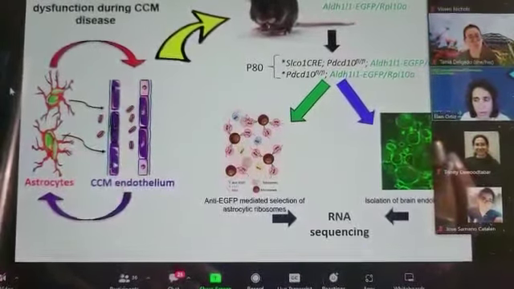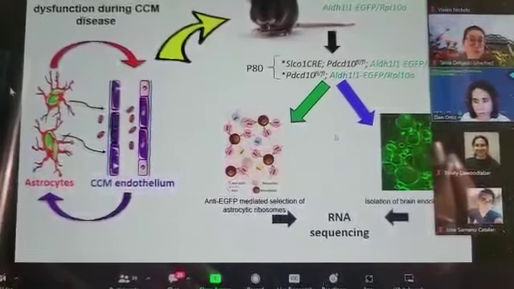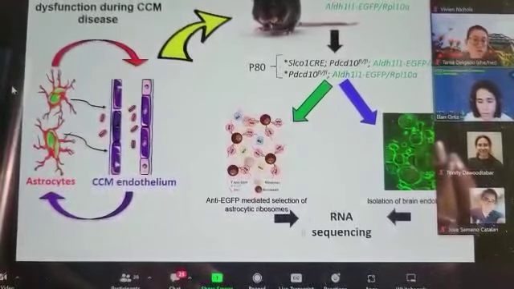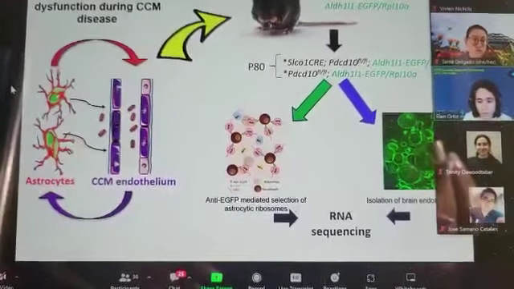And with that, we can find out which genes are upregulated and downregulated in the disease to find further insight as to what the real causes are.